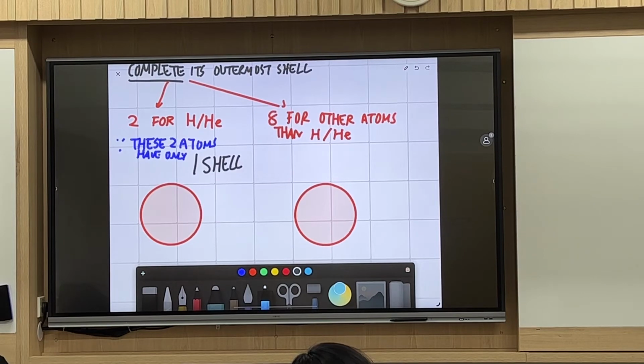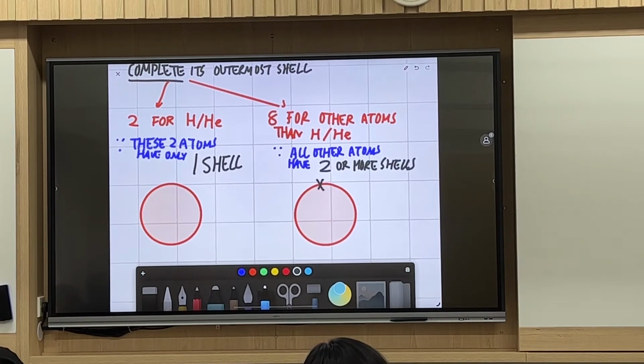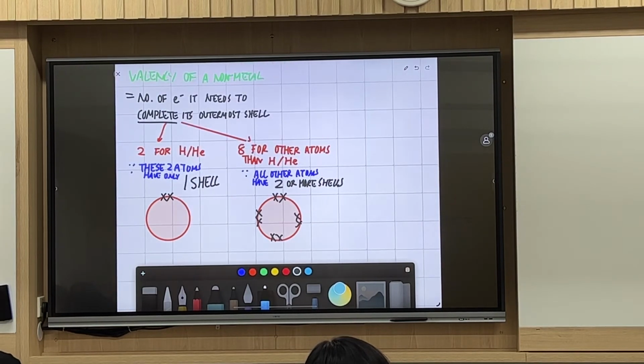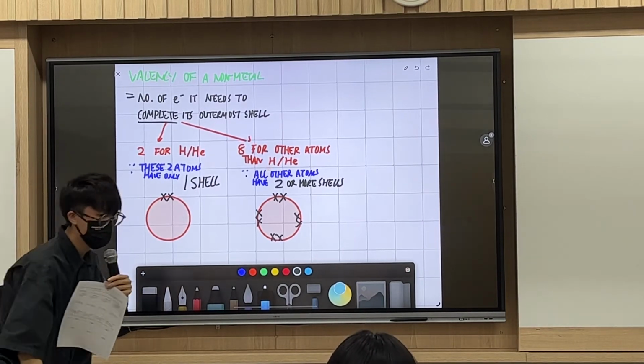Because all other atoms have 2 or more shells, which have different maximum numbers of electrons allowed. So this can hold 1, 2, 3, 4, 5, 6, 7, 8. For hydrogen and helium, they can only hold 2 because they have only one shell.